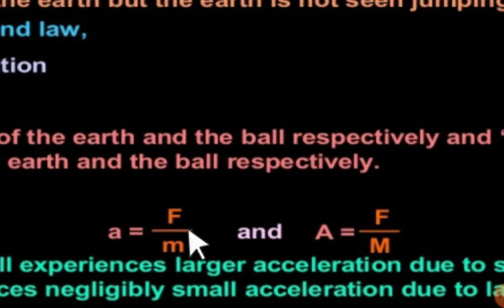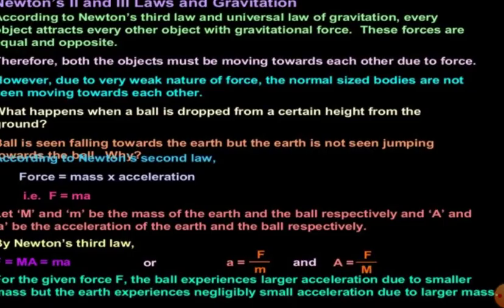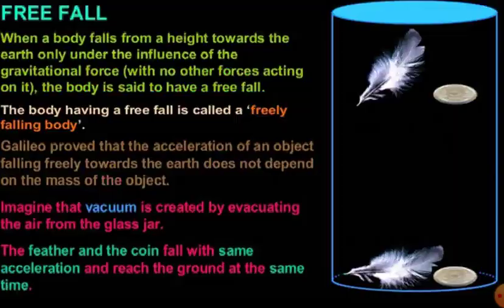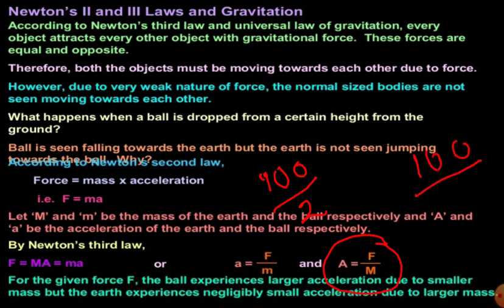As F is constant and is divided by small m, naturally the acceleration A will be large, while for the earth, divided by capital M, it will be small. Let me show you. Take the force as 100 on each side. This is a numerical example, not the actual value.